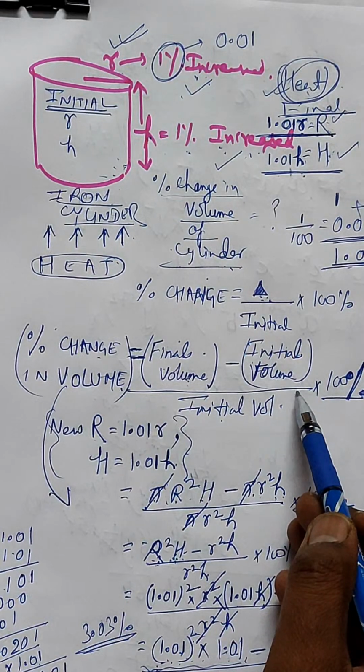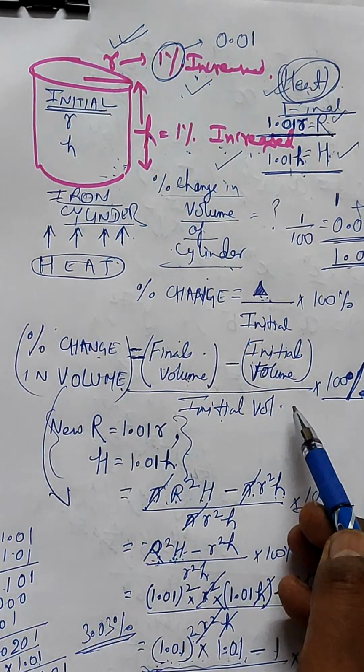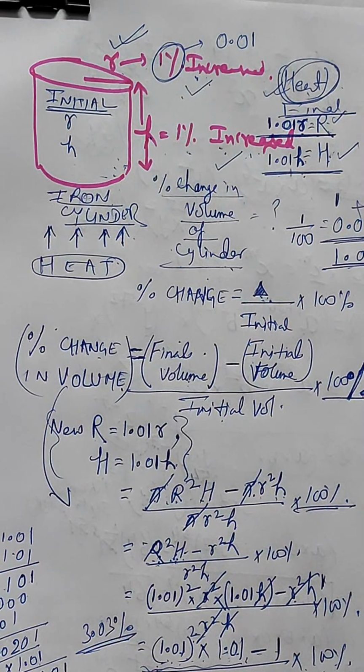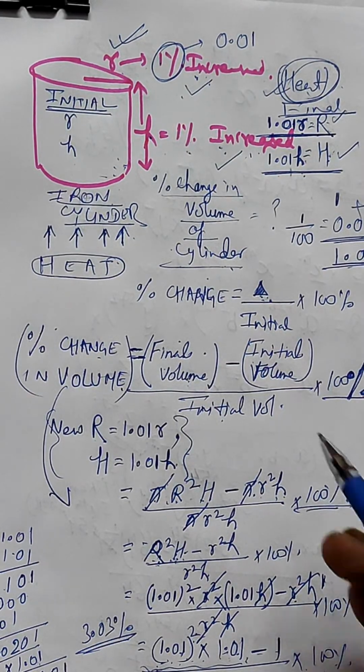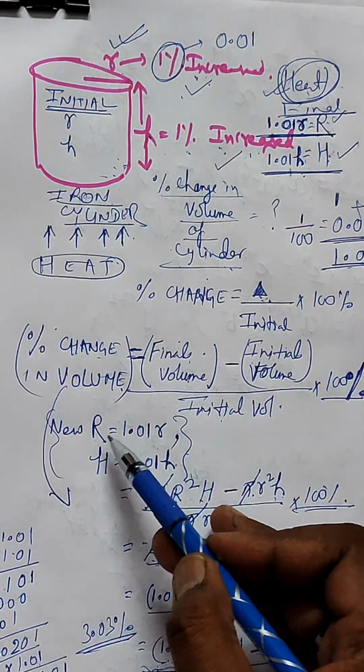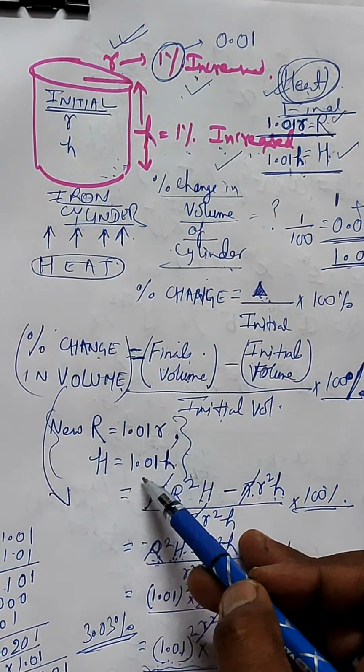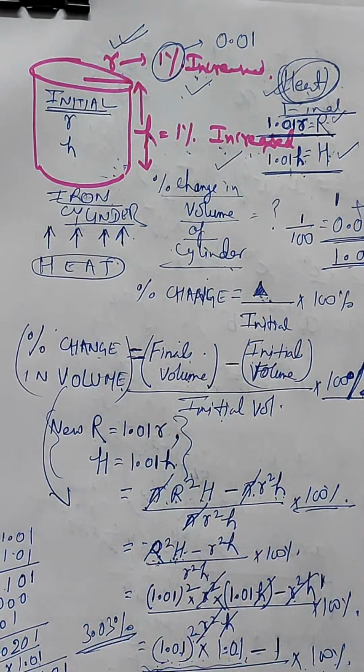So that will come as: pi r square h minus pi r square h divided by pi r square h into 100%, where the final volume has the radius as 1.01 r and the height as 1.01 small h.